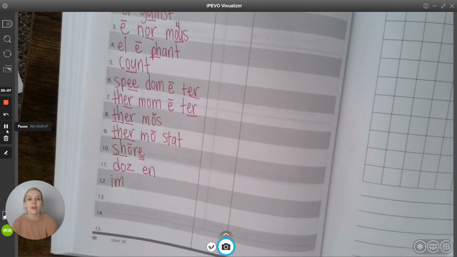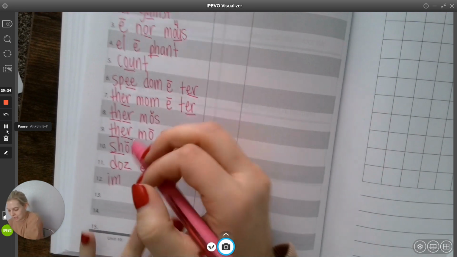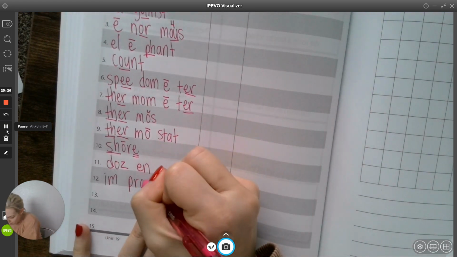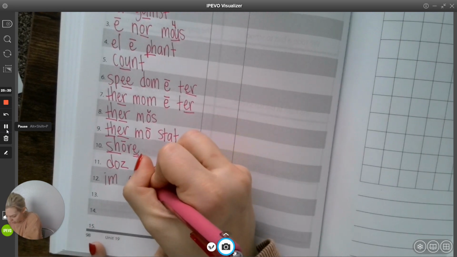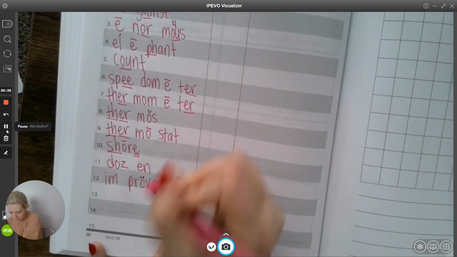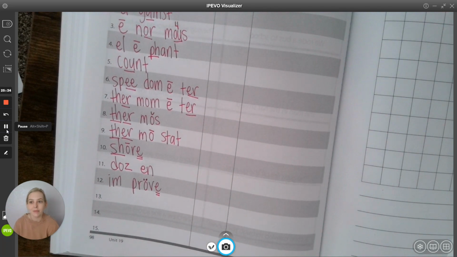Sound it out. V. Finger spell. O, V. Silent final E. O is saying its broad sound here, and then mark silent final E.